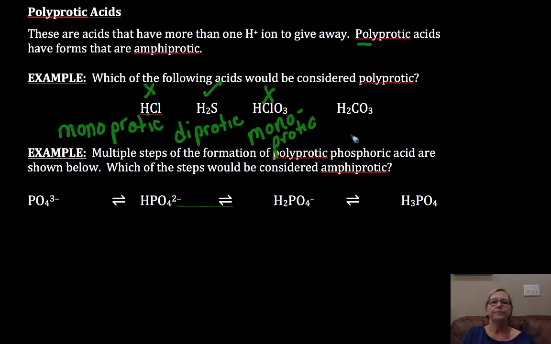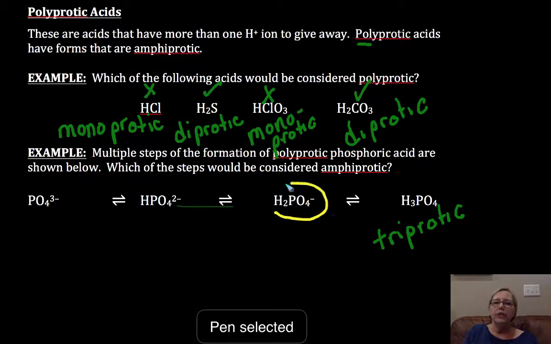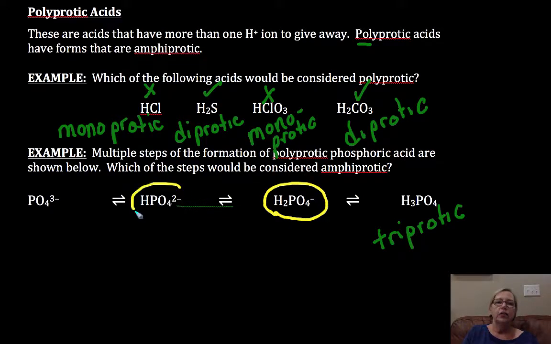H2CO3 is diprotic. So yes, it would be polyprotic. Now, if you look at phosphoric acid, it is called triprotic. It is a polyprotic acid. And I want you to notice the in-between species that you would get with your phosphoric acid.